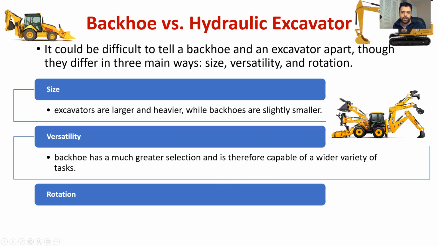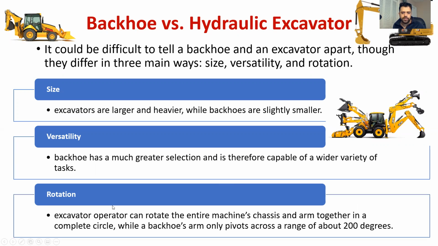And it's pretty easy to detach and attach them. I have a video that I'll show you today. Rotation: the excavator operator can rotate more. They can rotate for up to 200 degrees, while a backhoe does not have any rotation other than using the wheels to rotate.